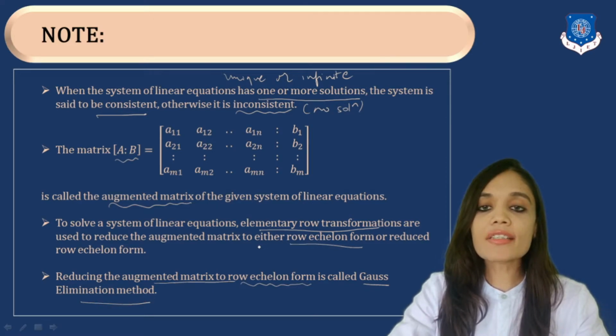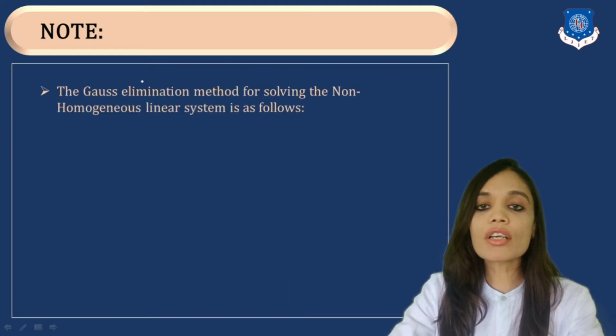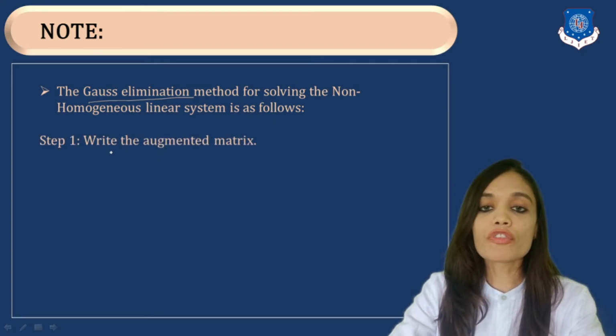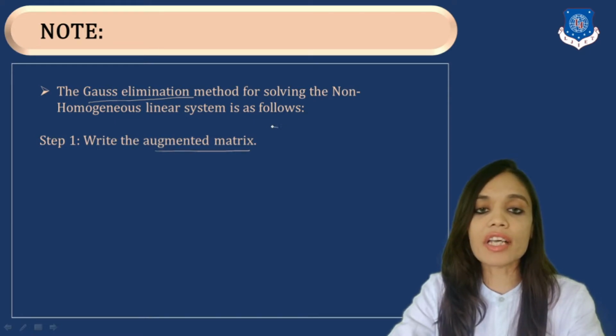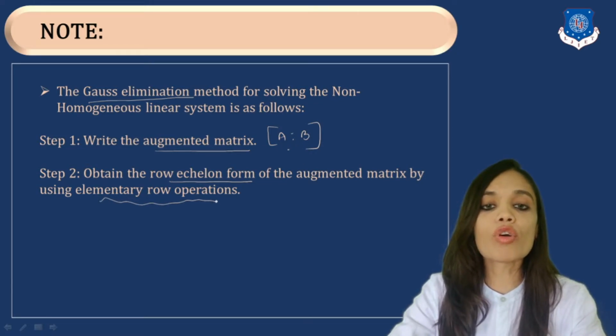Now suppose we are solving the equations using the Gauss elimination method. Then the method goes as follows. The first step is to write the augmented matrix, that is [A | B]. The next step is to obtain the row echelon form of the augmented matrix by using elementary row operations.